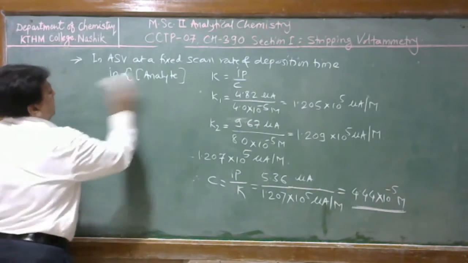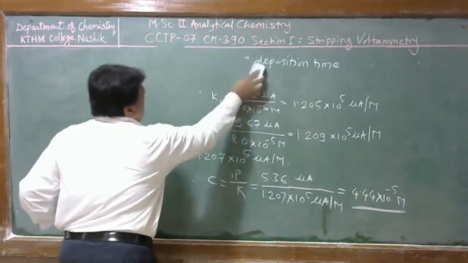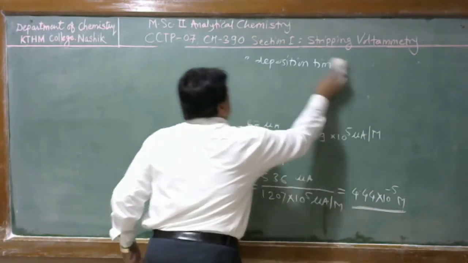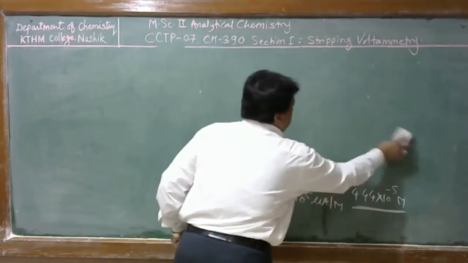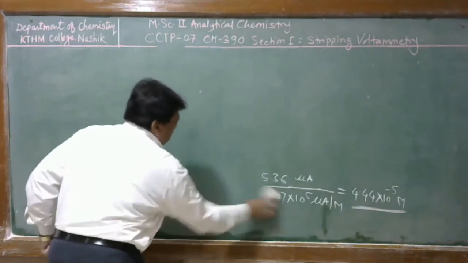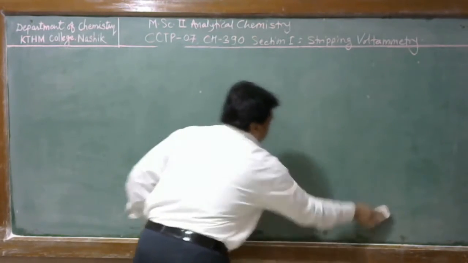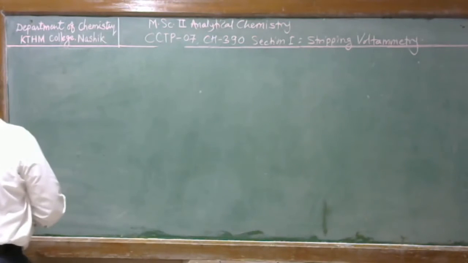Student, now we solve the second problem based on anodic stripping voltammetry for determination of lead in a blood sample by a standard addition method. The problem is like this.